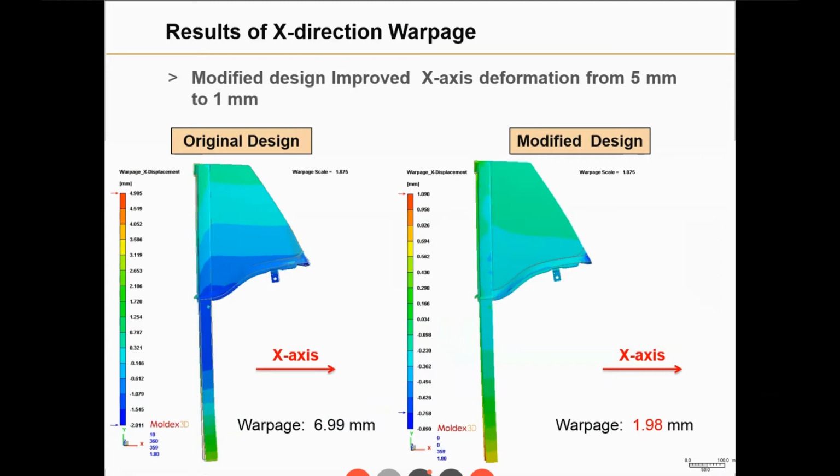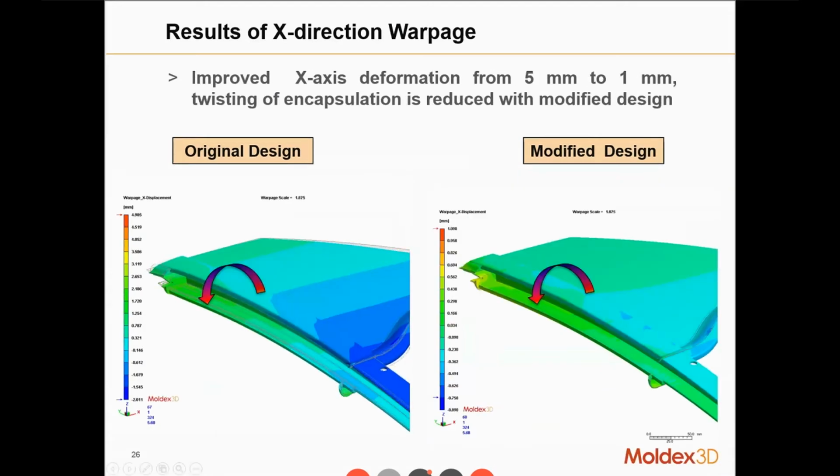As for the warpage result, the original design has a warpage of approximately 7 millimeters, but after modifying the design, the warpage decreased to almost 2 millimeters. This is the twisting tendency of the product, and the modified design twists only slightly along the GRC.